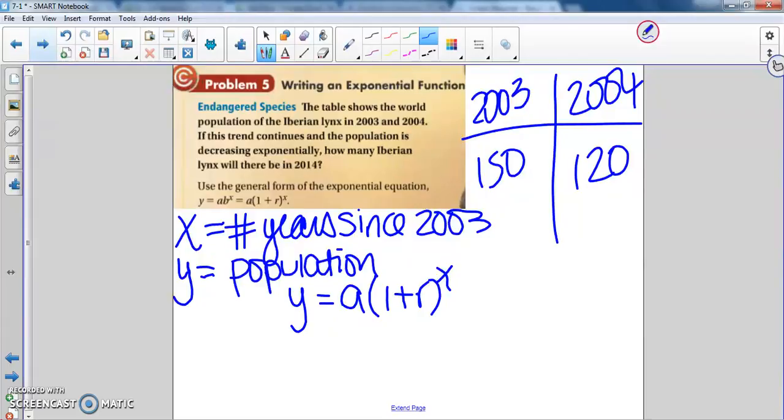So we can use the populations for 2003 and 2004 to find r. So we would have 120 minus 150 over 150 to find our percent decrease, which is equal to -0.2. So we're going to plug that in.